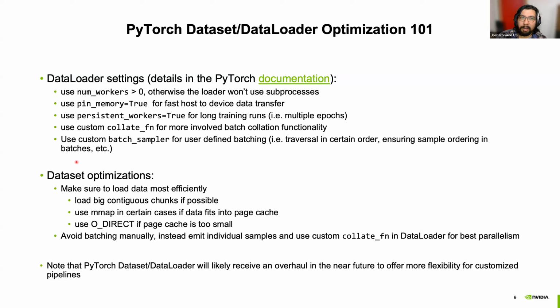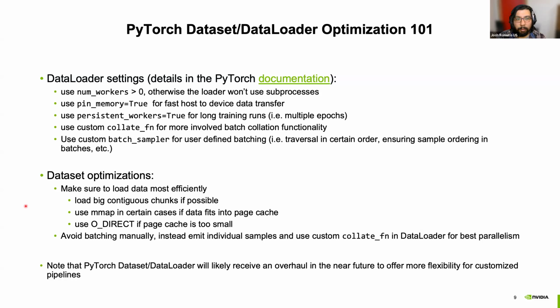So that's the data loader settings. This is the actual loading of the data, but there are also data set optimizations you might consider making. These are a bit more advanced, but basically the idea is, make sure you're loading your data as efficiently as possible, whatever data you're loading. For example, if you're using HDF5 files, there are certain ways to load HDF5 files slow or fast. Make sure you're loading them the fast way.